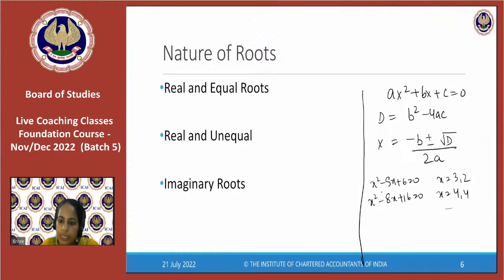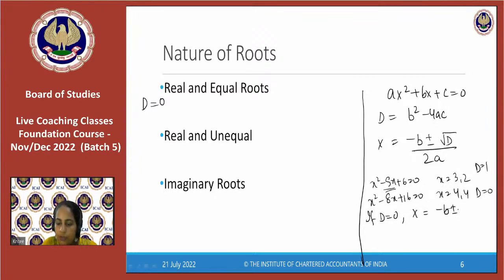In the first case, when you were calculating d, you got a d as a normal one. But in the second case, you got d equal to 0. When the discriminant is equal to 0, what will be the value of x?